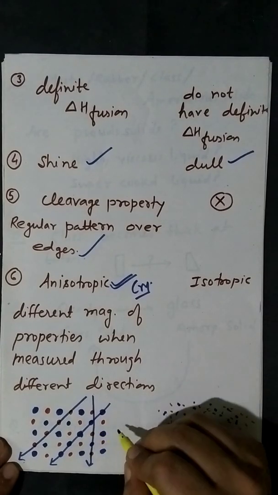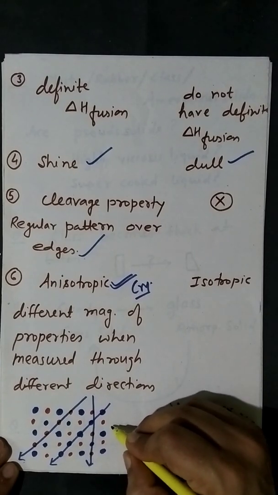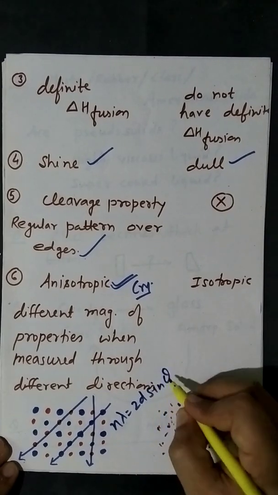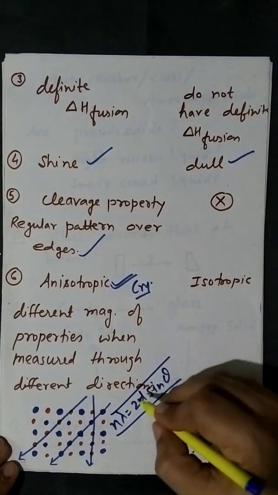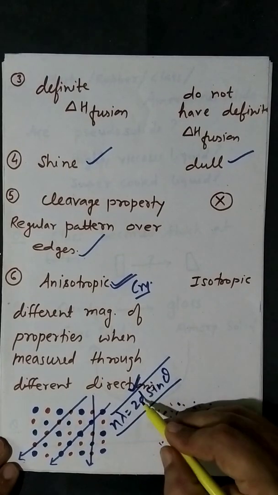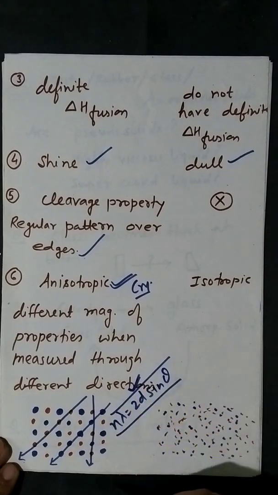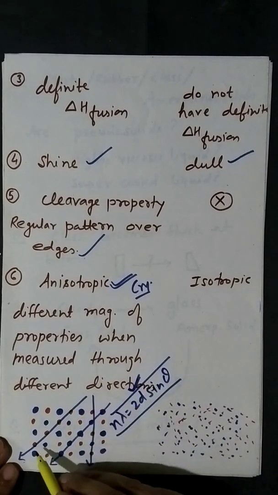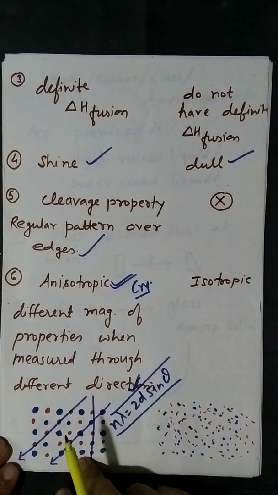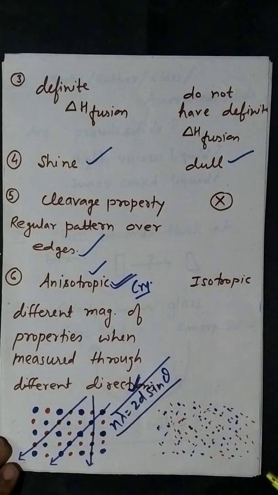We will not measure density here with the traditional formula, mass upon volume, but with n lambda equals 2d sine theta. This is the formula used to calculate density here, not part of our syllabus, but we can calculate density with this formula. Here lambda is the wavelength, etc. But the values of density and refractive index will be different in a crystalline solid, and this is known as anisotropic in nature.